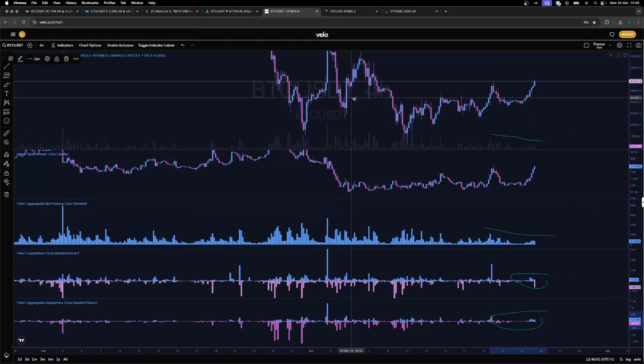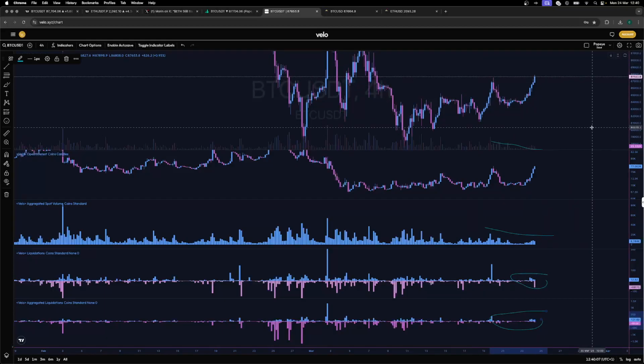In the Velo chart, we can see that volume is down as Bitcoin is moving lower. So as long as it doesn't change, it might show some exhaustion in terms of buying pressure, and we didn't have yet the big liquidation event.